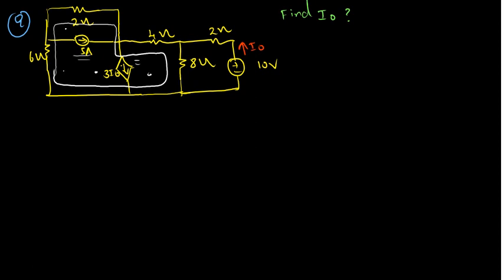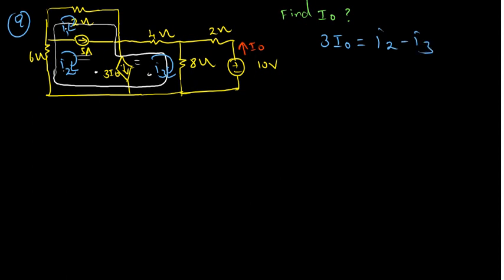Find I naught. First I put in the mesh currents I1, I2 and I3. Before that, we can find that 3 I naught is equal to I2 minus I3, from our picture.